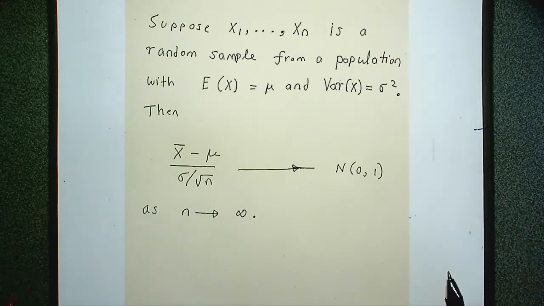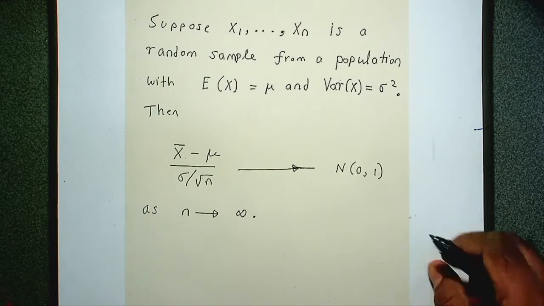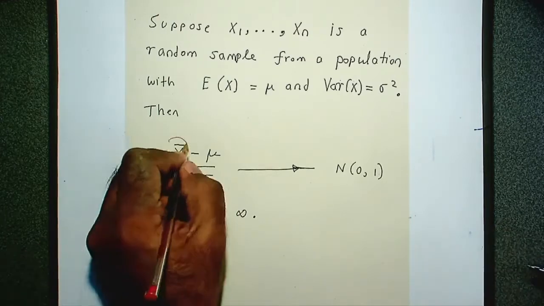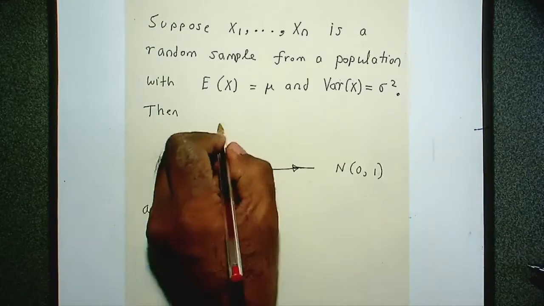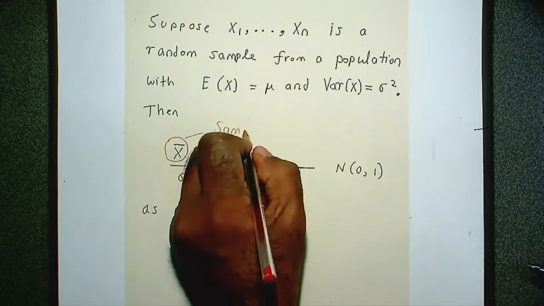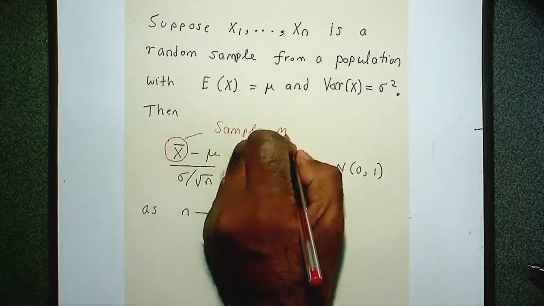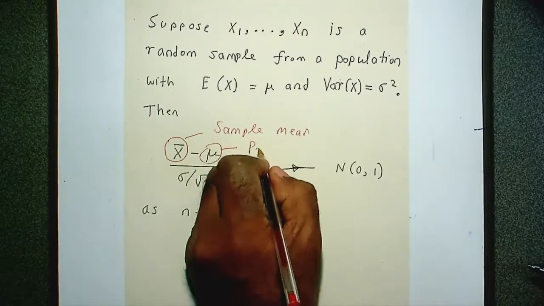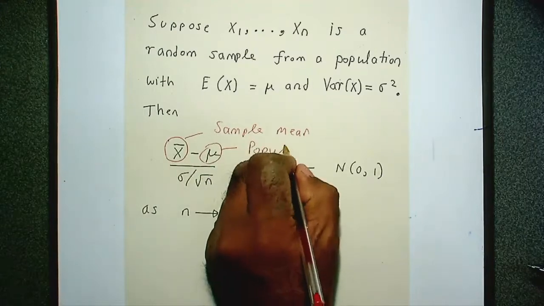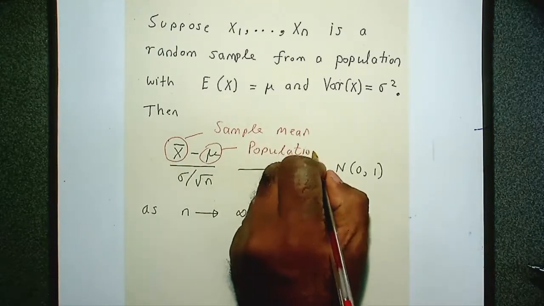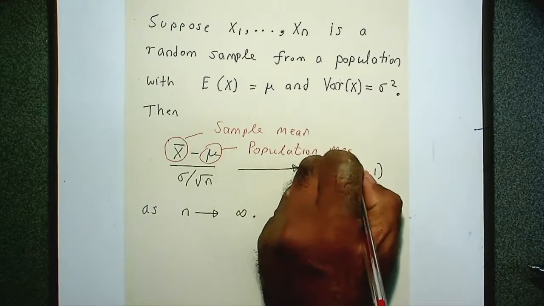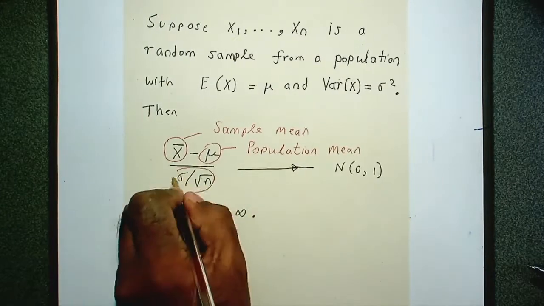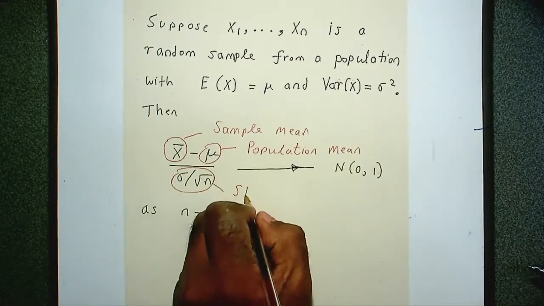Let me use the red pen. This is the sample mean. This is the population mean. And this guy here is known as the standard error.